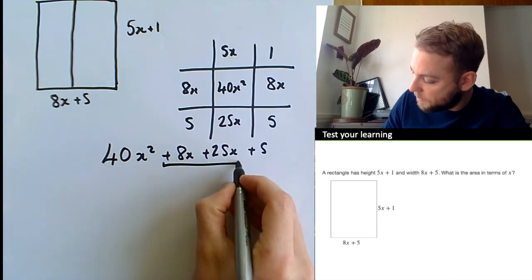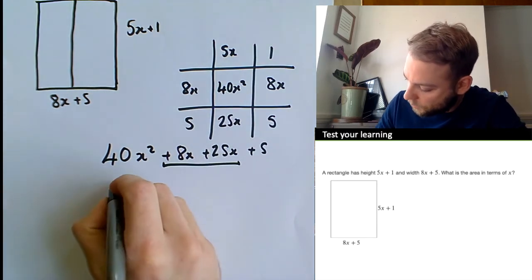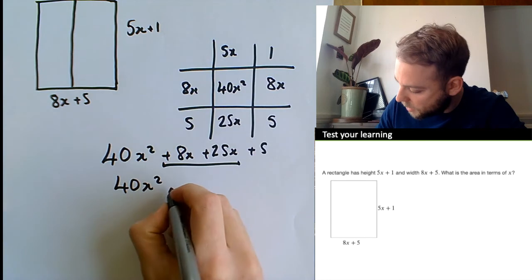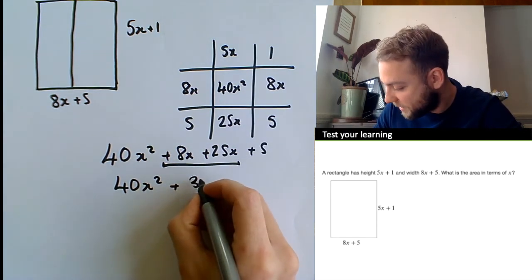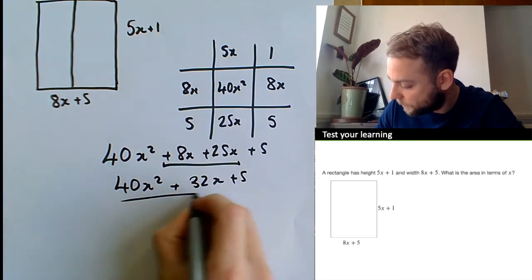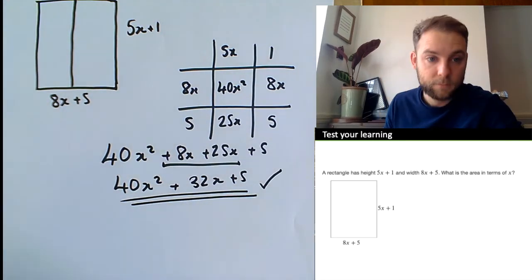We can simplify these middle two here. So we end up with 40x squared plus 8 plus 25 is equal to 33x plus the 5. And that's that question done.